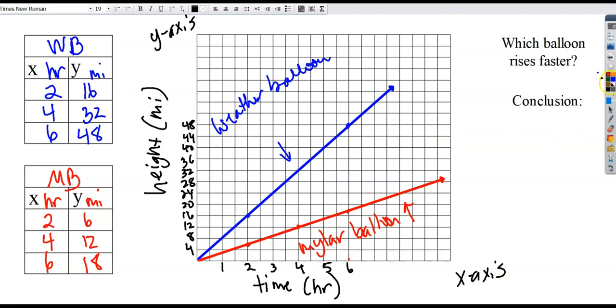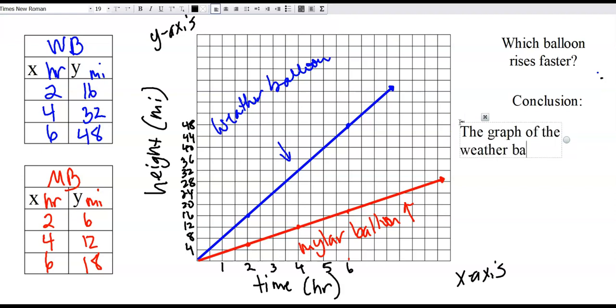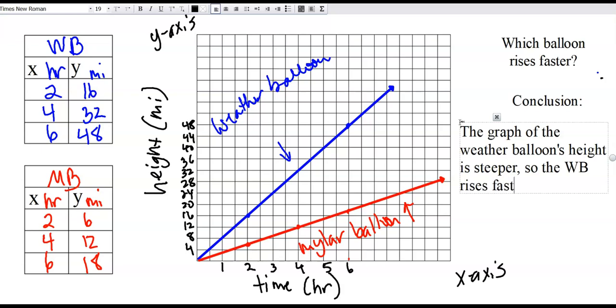We already knew it based on the table, but I'll just go ahead and type this in. The graph of the weather balloon's height is steeper. So the WB rises faster than the MB.